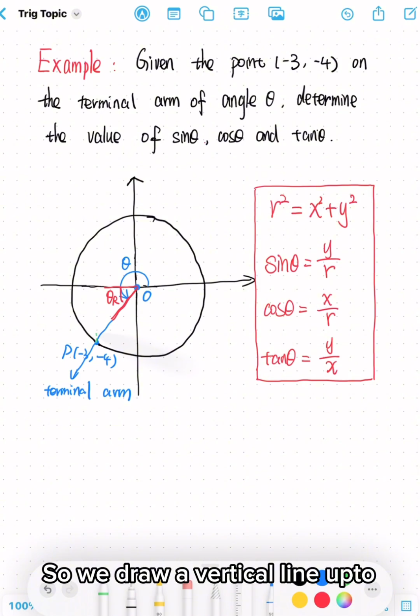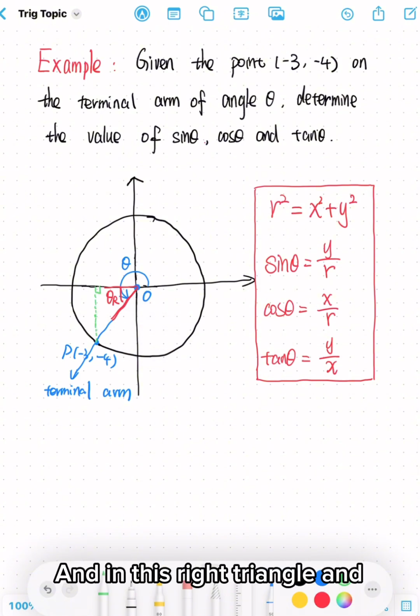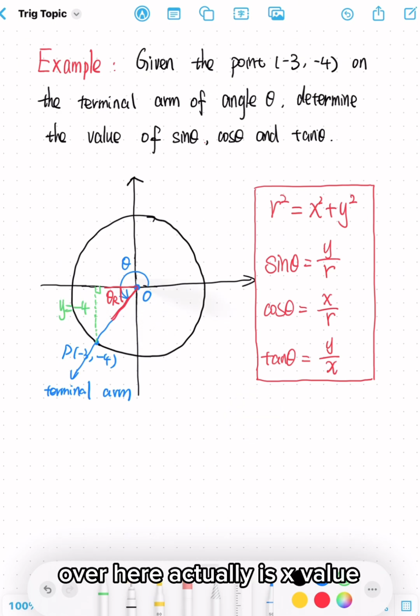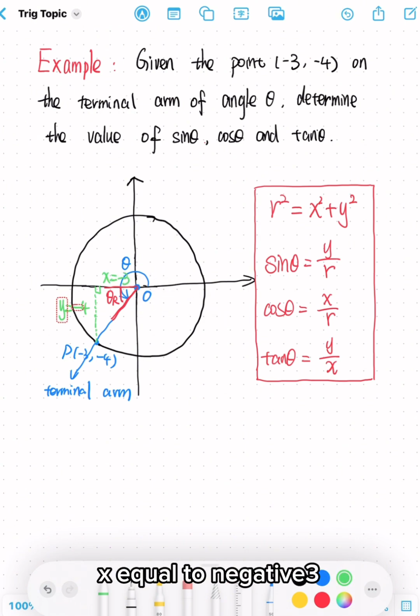So we draw a vertical line up to the x-axis. In this right triangle, the length here is equal to y, which is -4. The length here is the x value, x equal to -3.